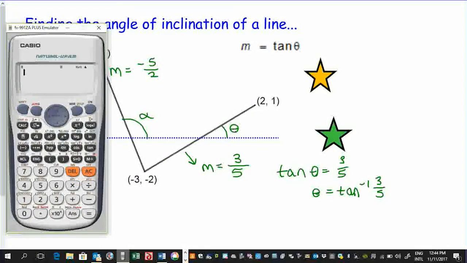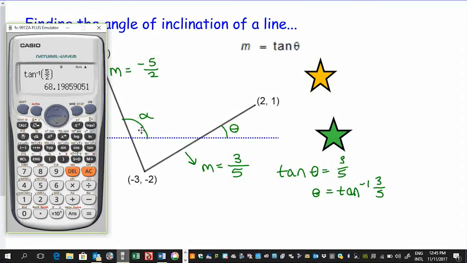Now, the way I would do it personally is I wouldn't put the negative into the calculator. That would give me a key angle, right? So let's just go undo tan of 5 over 2, and this will become clearer once you've watched the trig video, which doesn't exist yet, all right? 68 degrees. Now, basically what I want is an angle that's in the second quadrant, 68 degrees off the horizontal axis.